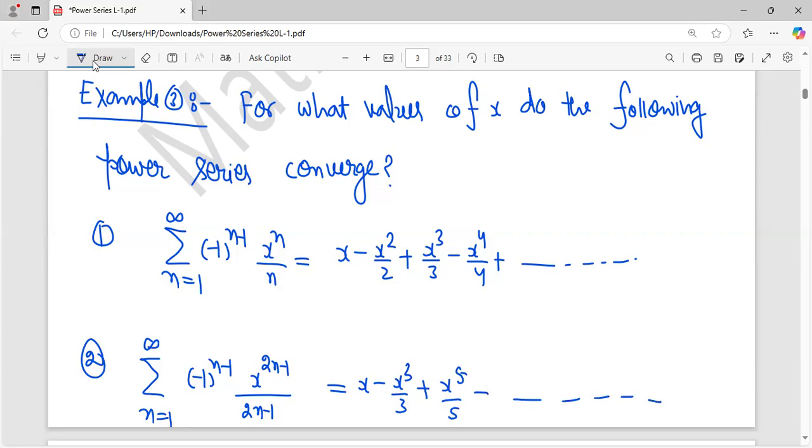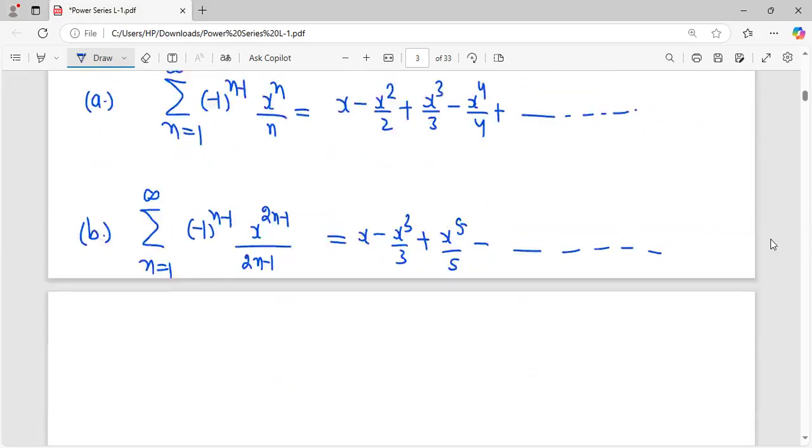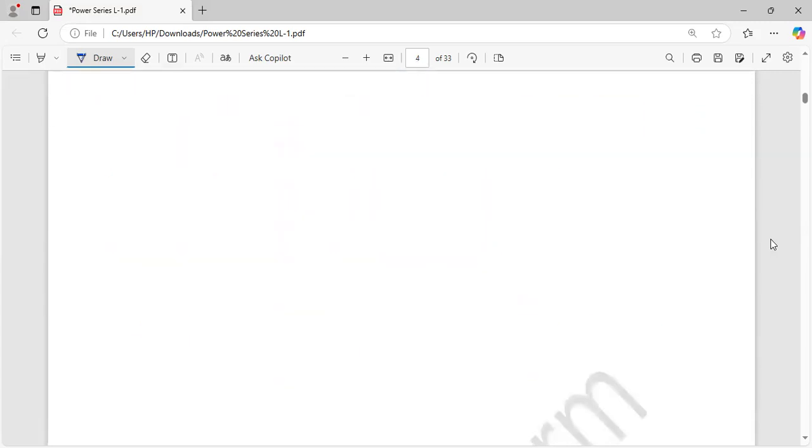Third example is, so I should write here, I'm writing it A, B, C like that. This is A, this is B, this is C: summation of x to the power n upon factorial n.